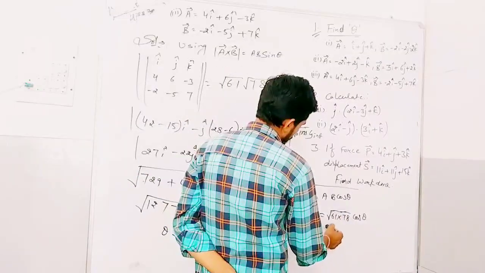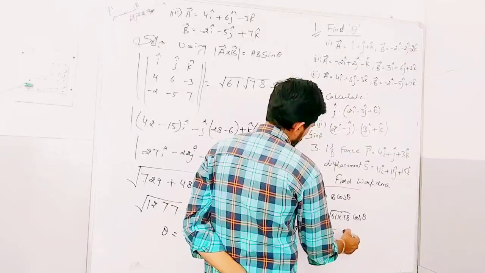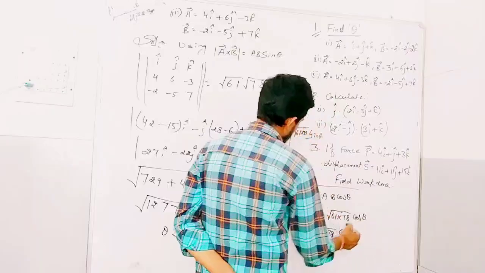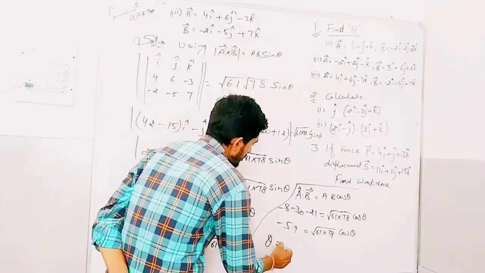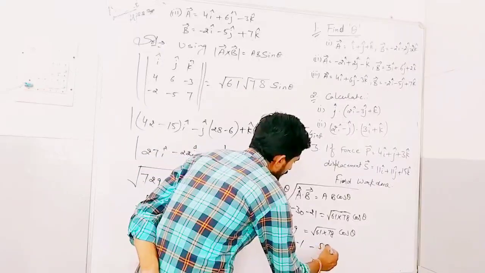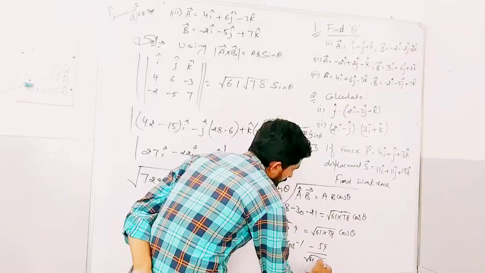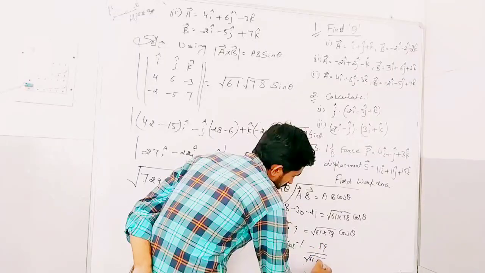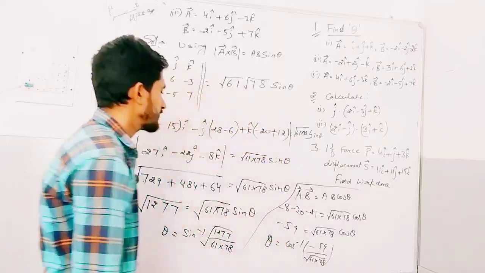If you want to multiply it you can, and if you don't want to, you put it as it is. Then theta is cos inverse of minus 59 upon 61 into 78. This is the value of theta.